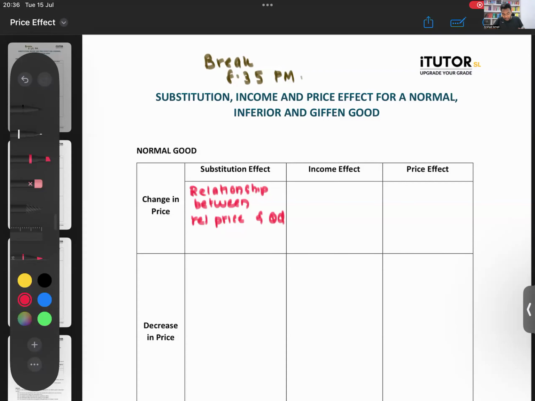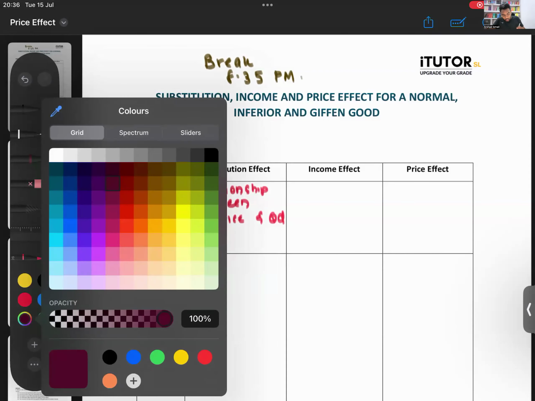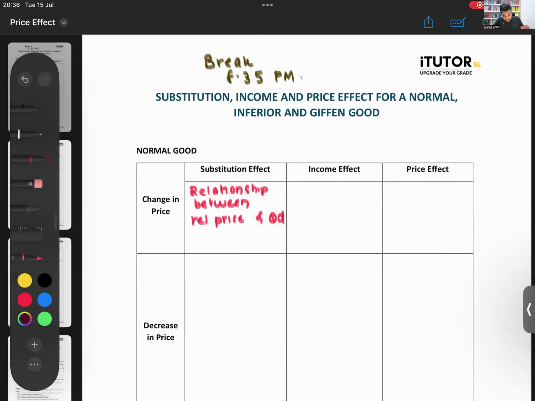When we talk about the income effect, we talk about the relationship between real income and quantity. Another word for real income is purchasing power.